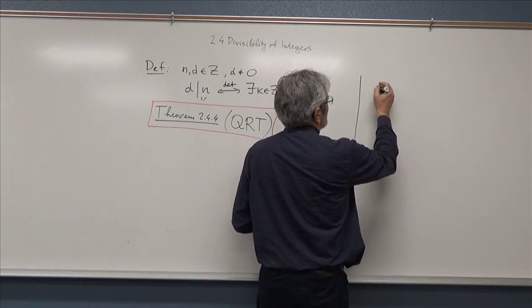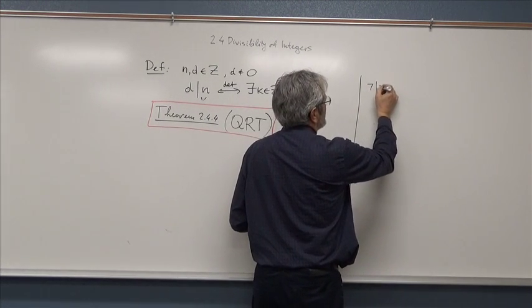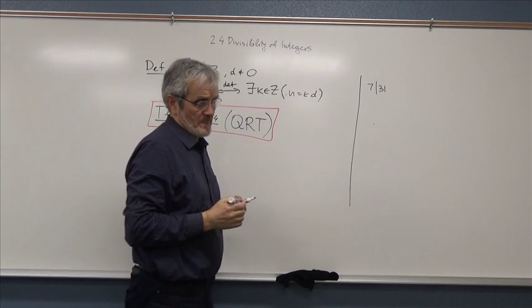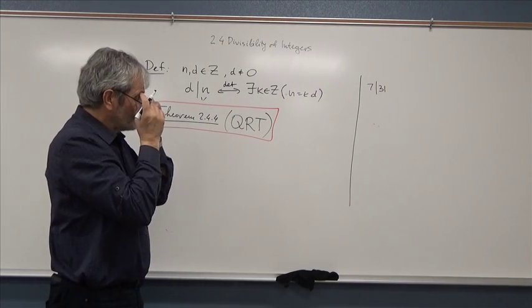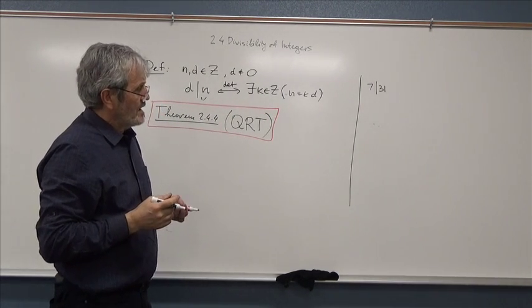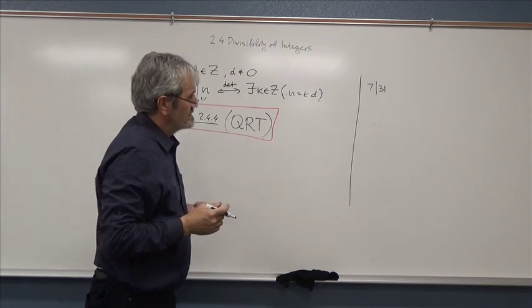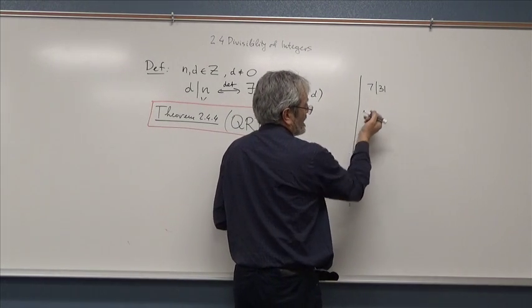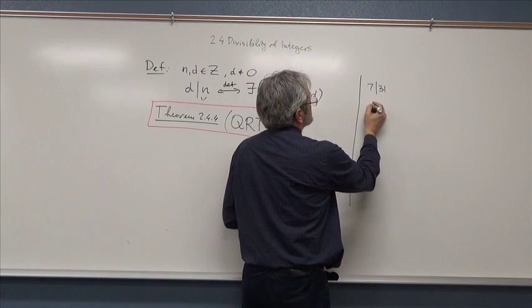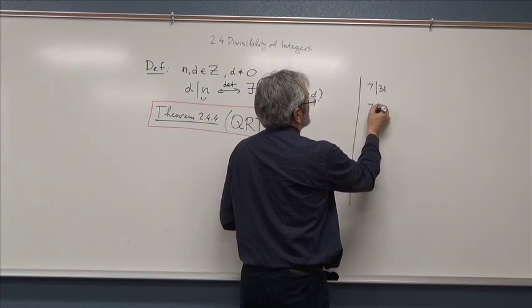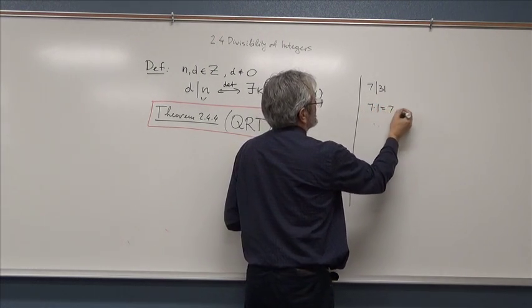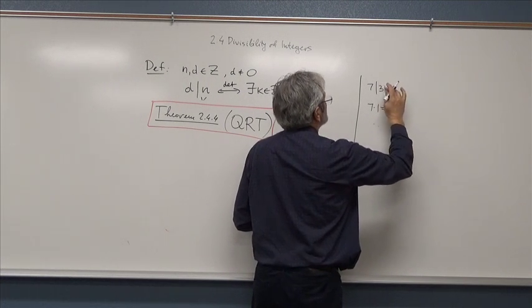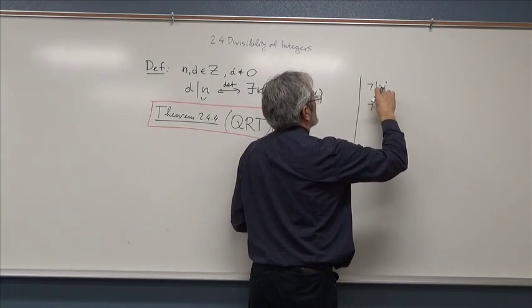So let's say we want to divide 7 into 31. How can we do that? How can we write a program that will do that? Generally, what we say is the following. 7 is less than 31, obviously. So we are doing the following. 7 times 1 is 7. And 31 stays here. So we put 31 here.